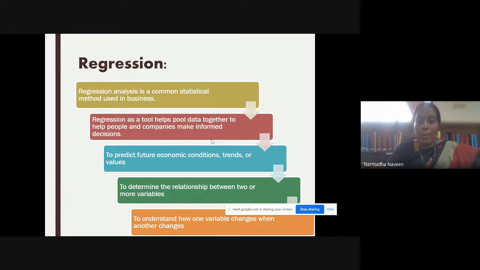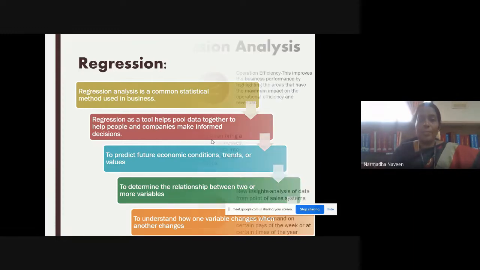Say for example, if there is an increase in the number of hours spent by the student in studying, obviously there will be an increase in the percentage of marks secured by the student. So these are some of the important features of regression.